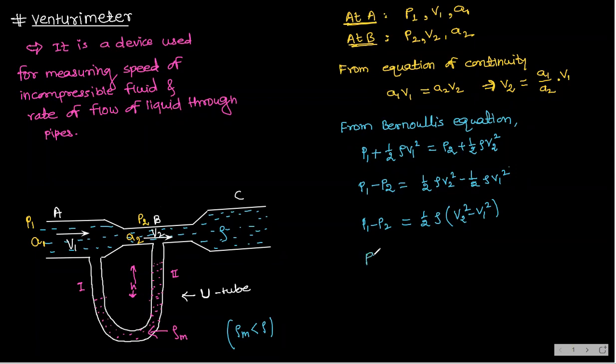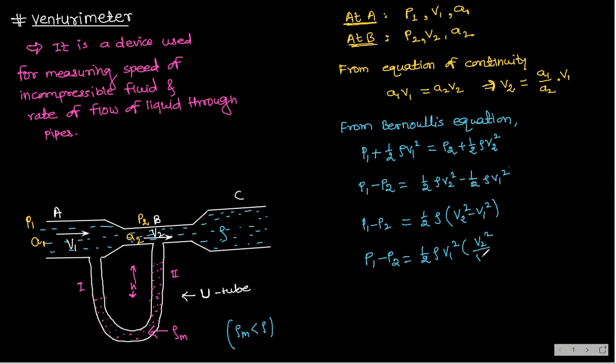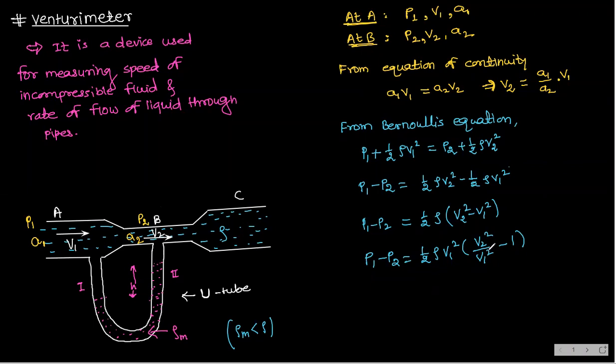Now in this, you take anything common, whatever you want to find, either V2 or V1. If I want to find, suppose V1, I am taking V1 square common. Then this is V2 square by V1 square minus 1. Is it clear? Check it once, right?